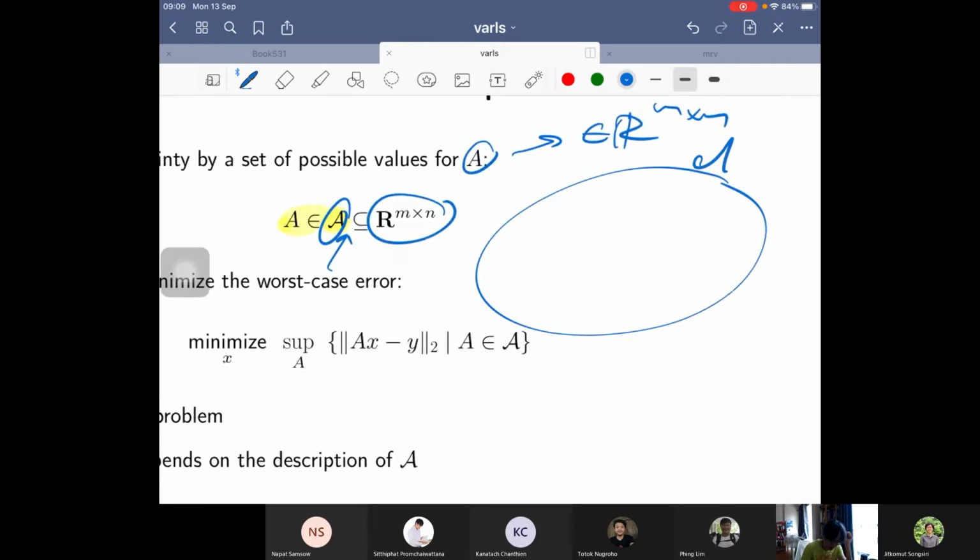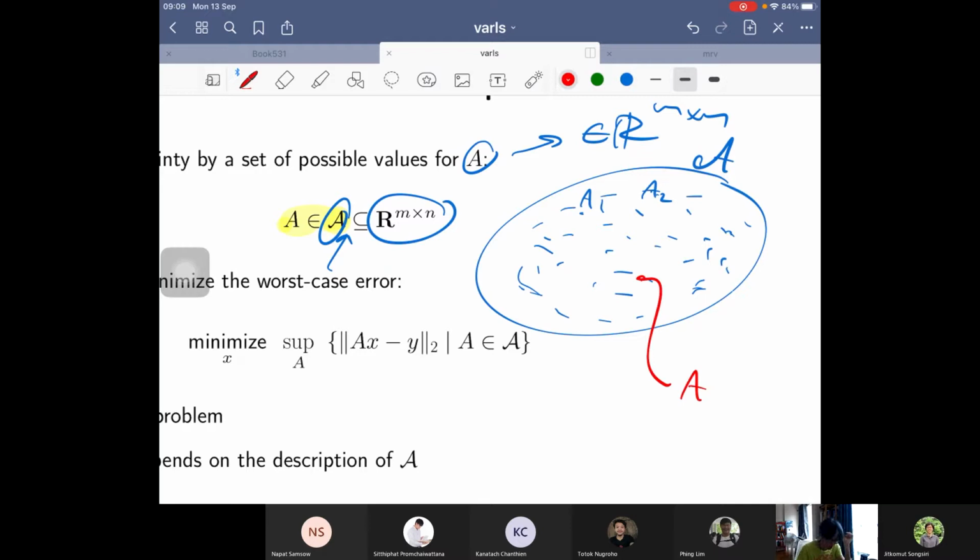This is the uncertainty set that has a lot of members in there, like A1, A2. The members can be infinitely many, or it can be finite. But your choice of A is just one member of them.